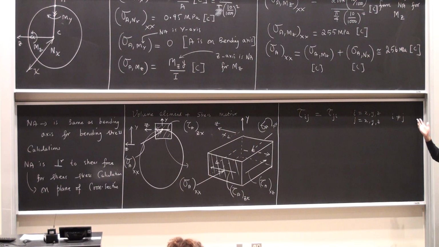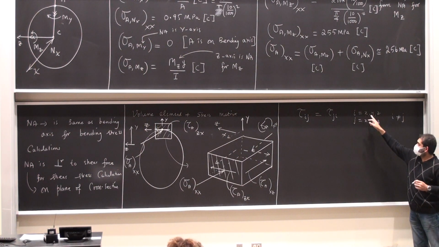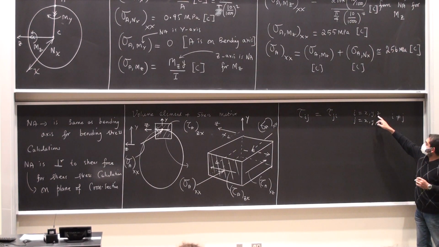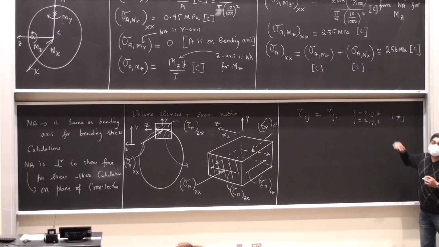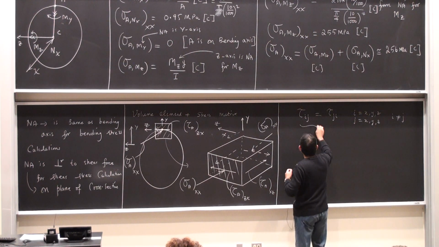That is, I choose i to be x, j could be anything other than x. If I say xy, then it is the same as tau yx. If I say tau zx, then it is the same as tau xz. They are symmetric. Shear stresses are symmetric.